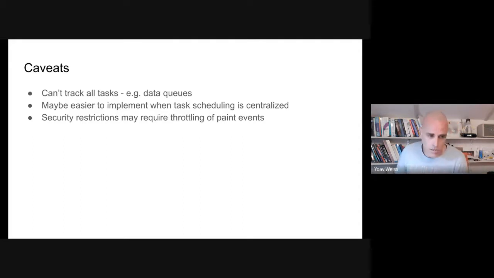It's possible that the requirement for user initiated navigations would make it so that this throttling is not needed, but I'm not sure. I have not run this by security folks.